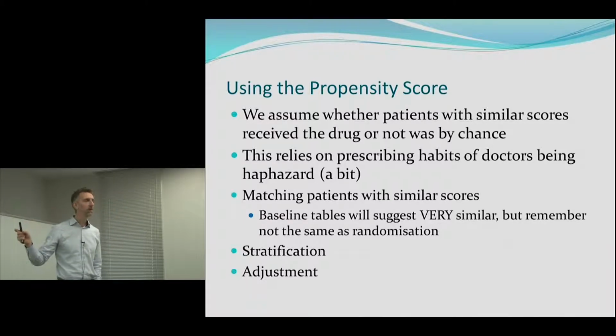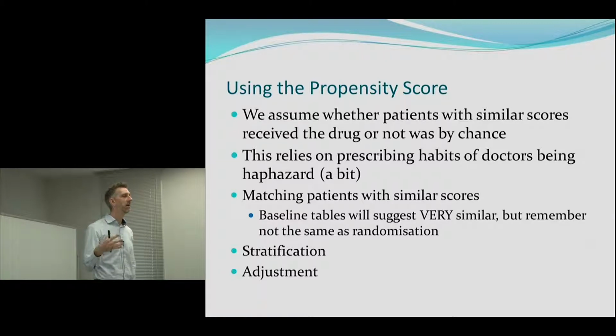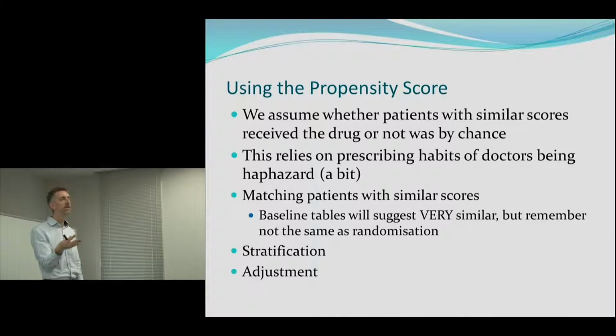I could stratify, so I could look separately at people with a score of 0.8, 0.6, whatever, do my comparisons within strata and then combine them. Or I could just adjust for the score itself in a statistical model. It turns out that if I adjust for the score, rather than those 30 individual variables that contribute to the score, it does a very similar job of adjusting for confounding.